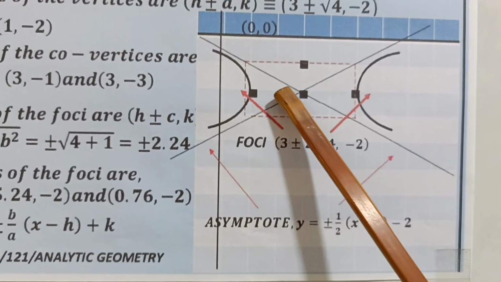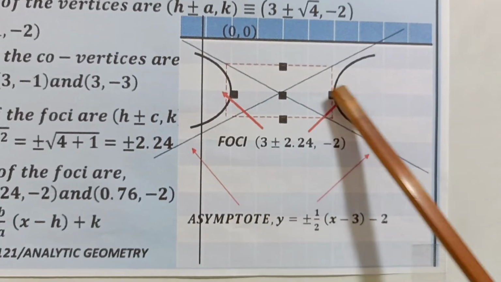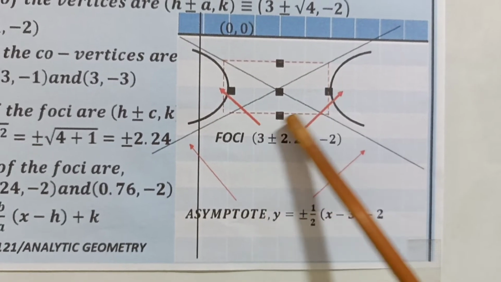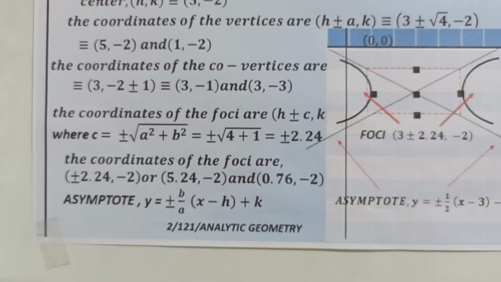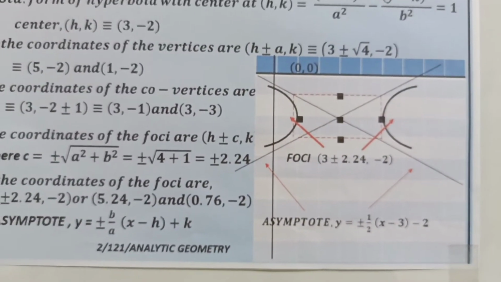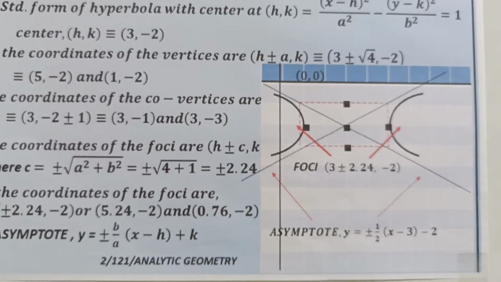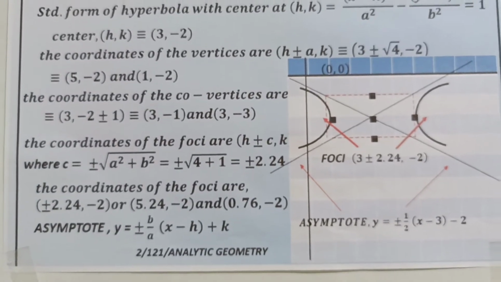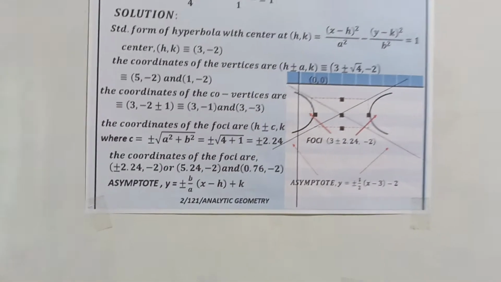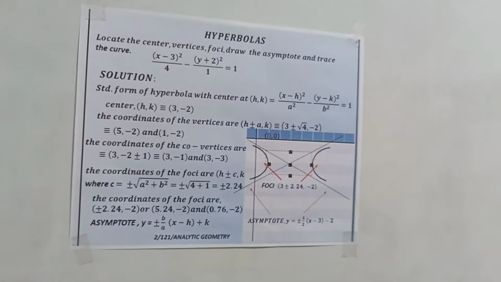So the foci are located along the transverse axis. So this one is 3, it is a value 3 here. The foci here, 3 plus or minus, okay.